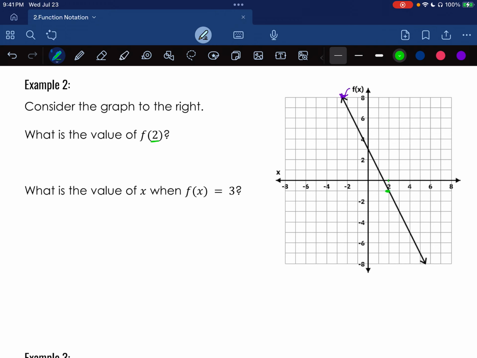So this is asking me, what is the y value of my function when x is equal to 2? And so we would say, right here, that's the point (2, -1). So we would say f of 2 is -1.